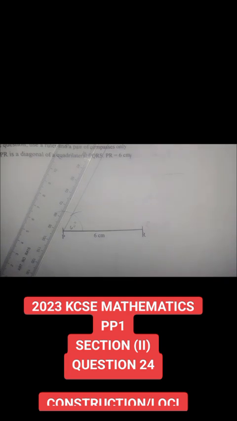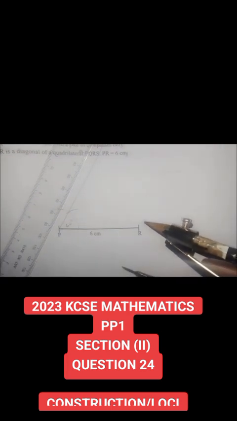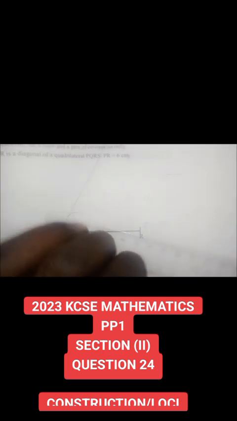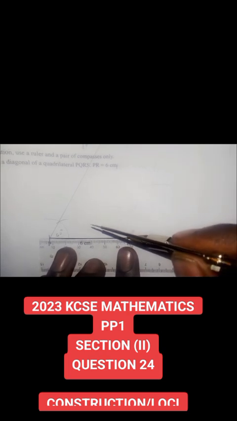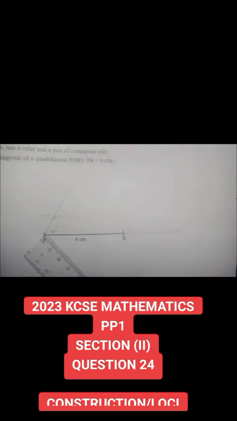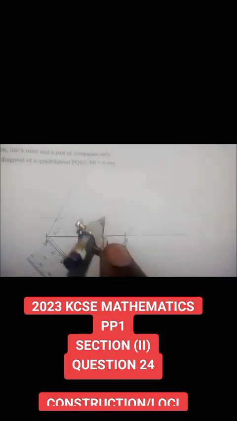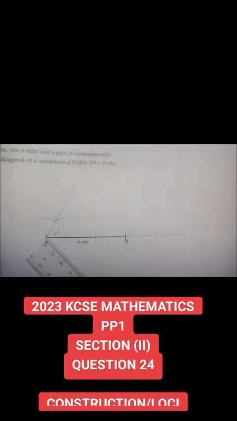Then we want to measure 45 degrees from this angle. For 45 degrees, we are going to construct 90 first, then we bisect it into two. So to construct 90 degrees, let me prolong this line because I need to bring up a 90 degrees angle here. You put at this point, make an arc this side and this side.